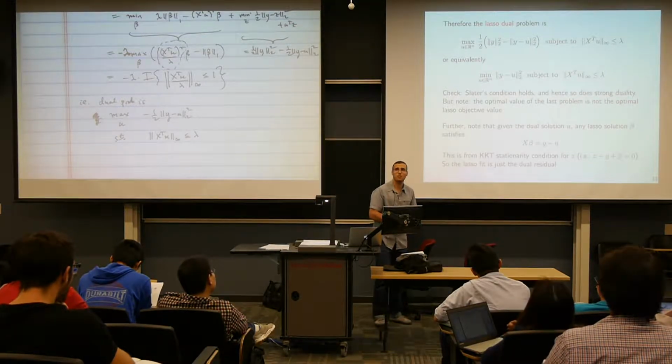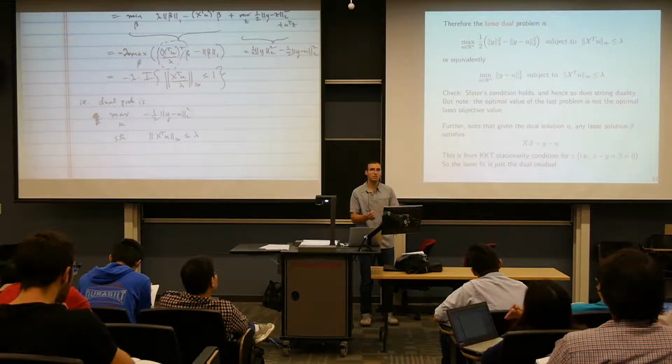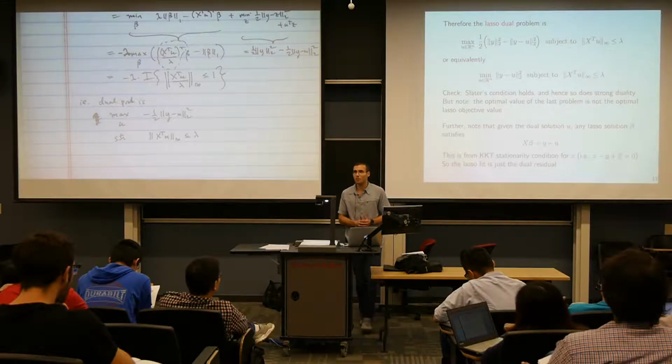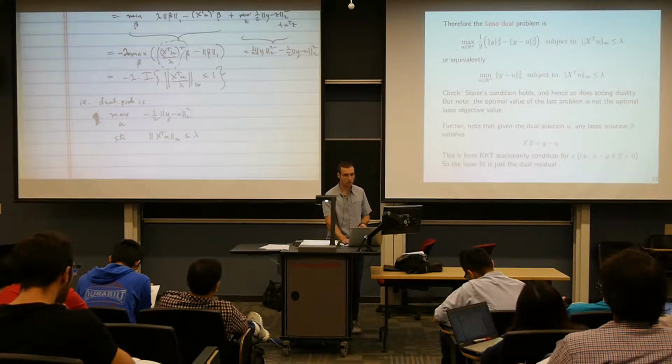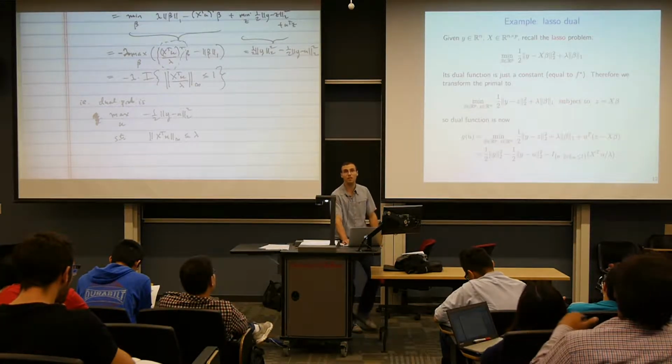Let's suppose you just wanted to solve that problem. You had a nice algorithm for that problem because you worked hard at it. What would you do? Well, you're not really looking for u star in terms of your statistical problem. You want to know beta, or rather x beta, the fit.